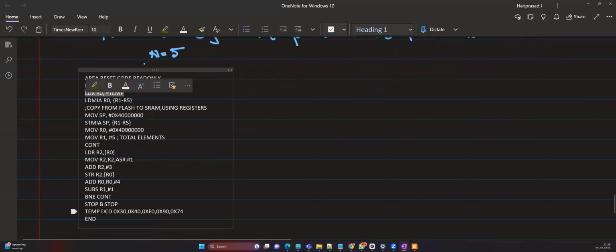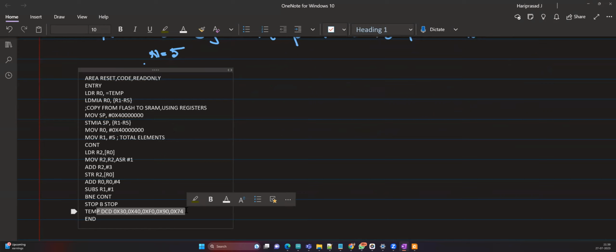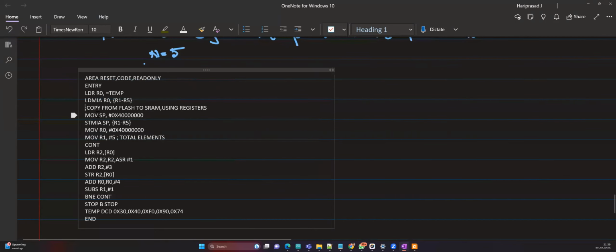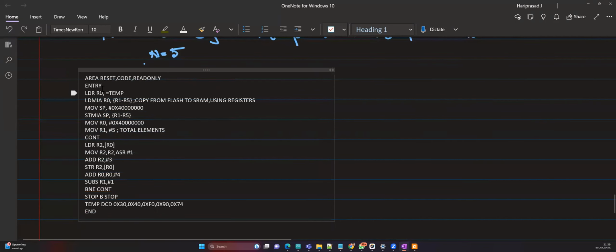If you see here, DCD 3, 0, 4, 0F, 0, 90. These are the values which I have stored in the memory. Correct? Yes, sir. These are comments. Just expand this.